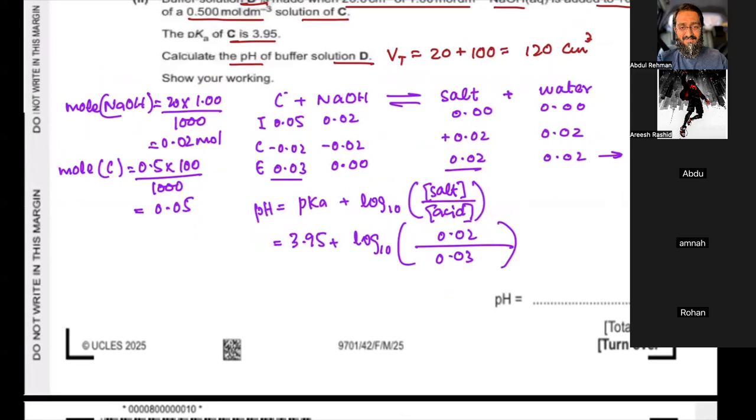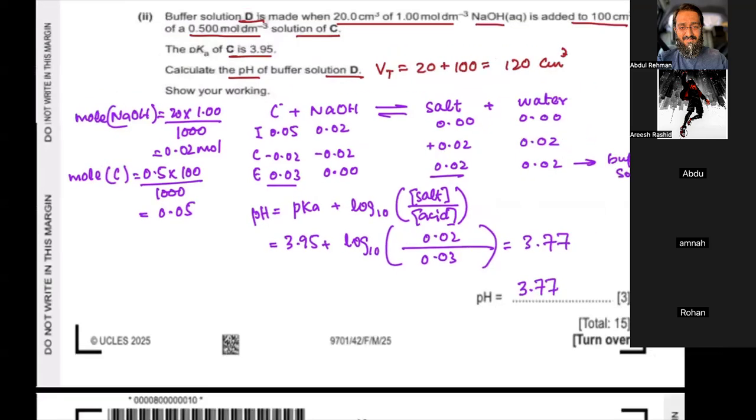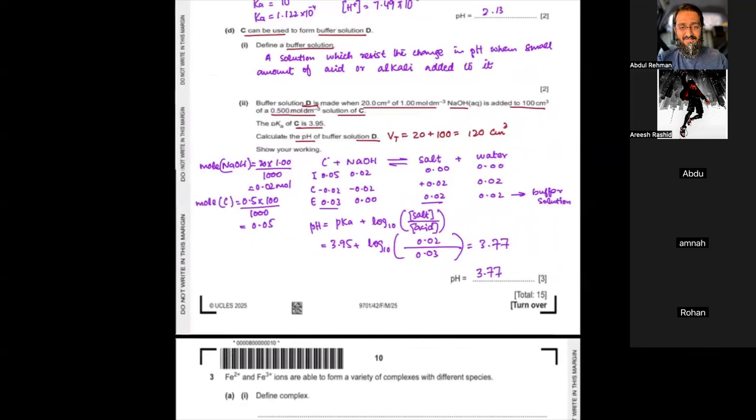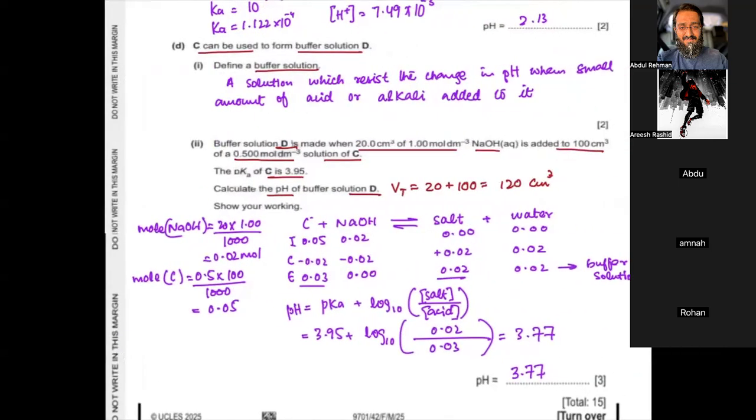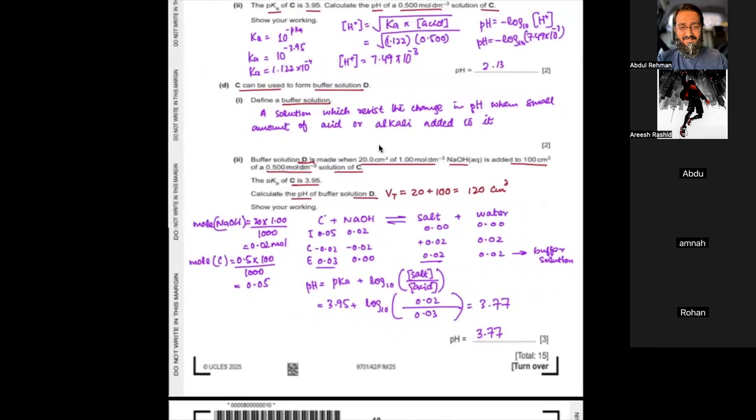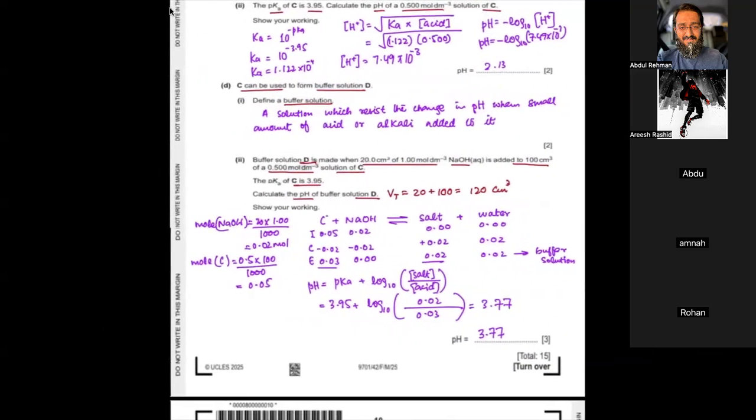Thank you, Shahir, Faizan, and Rohan. So the answer is 3.77. So the pH would be 3.77. Yes, Shazil, is it clear to you? Okay. So is it clear to all of you? If any one of you has any confusion, any question, please ask.